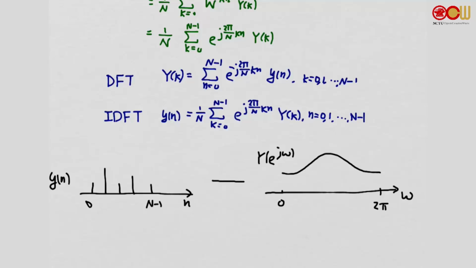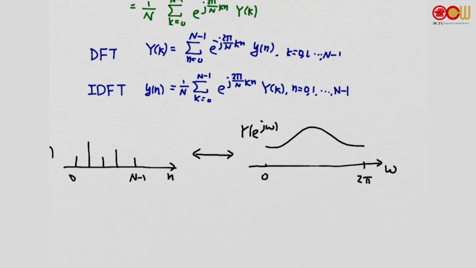There's a one-to-one correspondence. Because yn is an n-point sequence, we can take samples of the discrete time Fourier transform. Suppose we take n samples; the n samples are called the DFT.